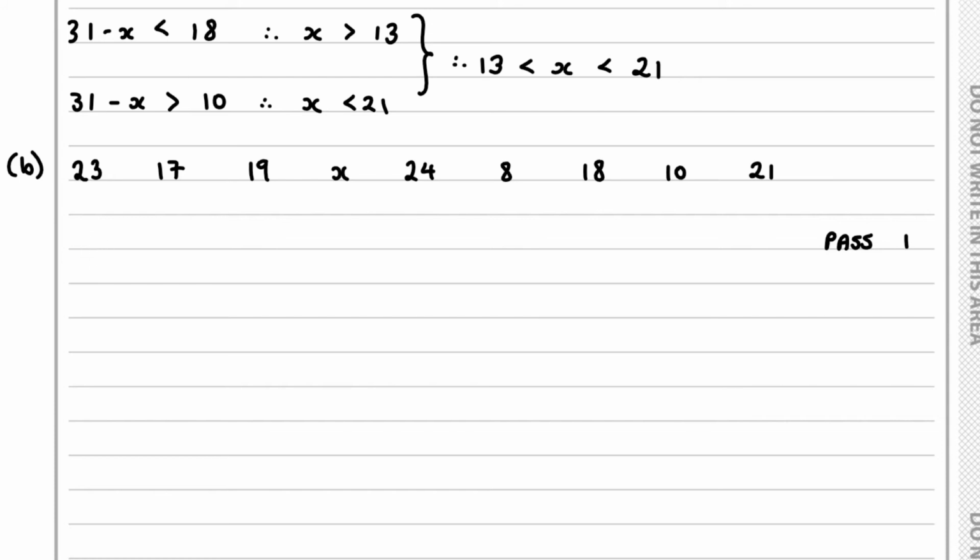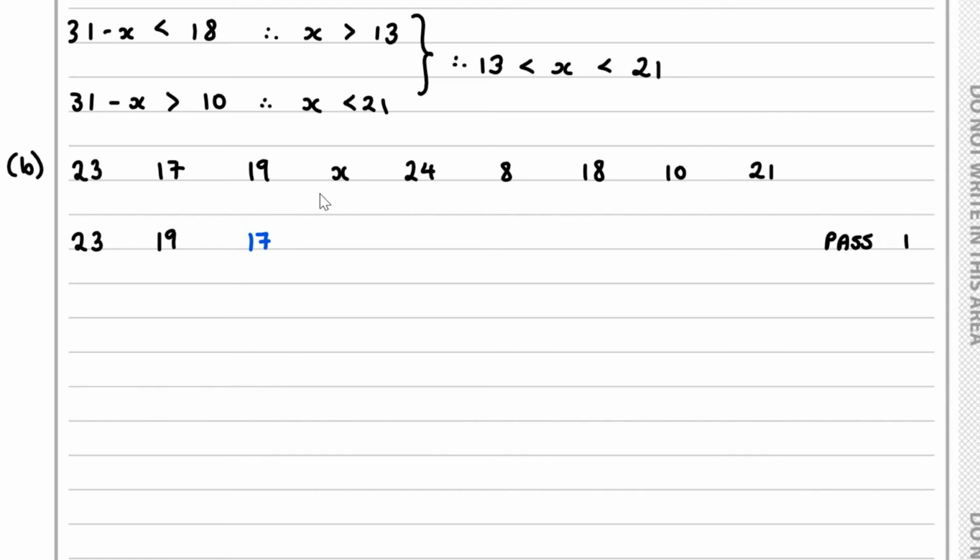So 23 can stay where it is. And now we will compare 17 with 19. Do they need swapping? Yes, they do. So 19 goes here, and 17 goes here.